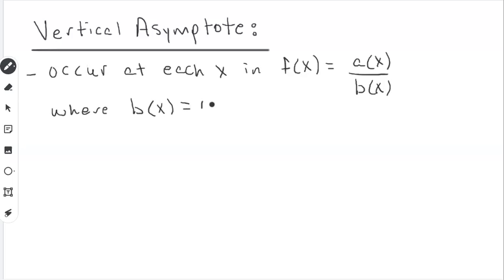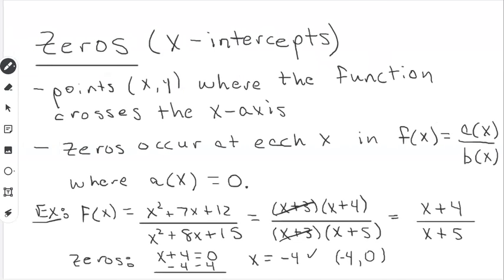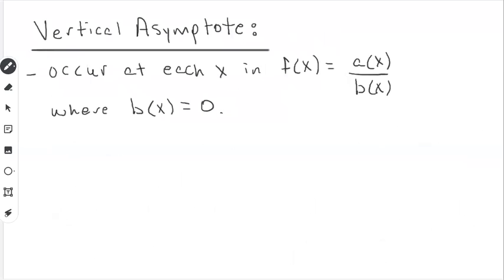Okay, b of x is equal to 0. So what we're doing is we're taking the denominator and setting it equal to 0. We're taking the bottom of the fraction now. So notice how this is different from the last slide. In the last slide, we were talking about zeros, right? And that was when we set a of x equal to 0, the top of the fraction. Well, now we're setting the bottom of the fraction equal to 0, and we're seeing what happens.